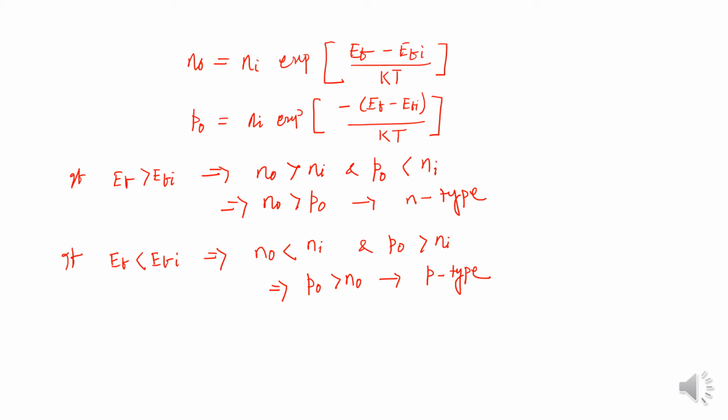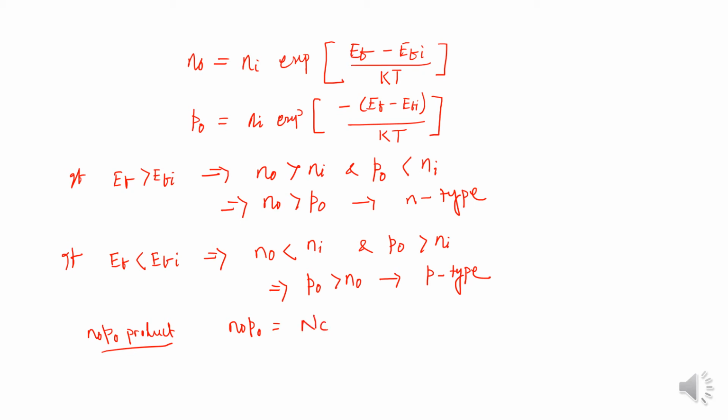Okay, now if we take the product of N0 and P0, substitute the values of N0 and P0, that is the thermal equilibrium electron concentration and thermal equilibrium hole concentration.